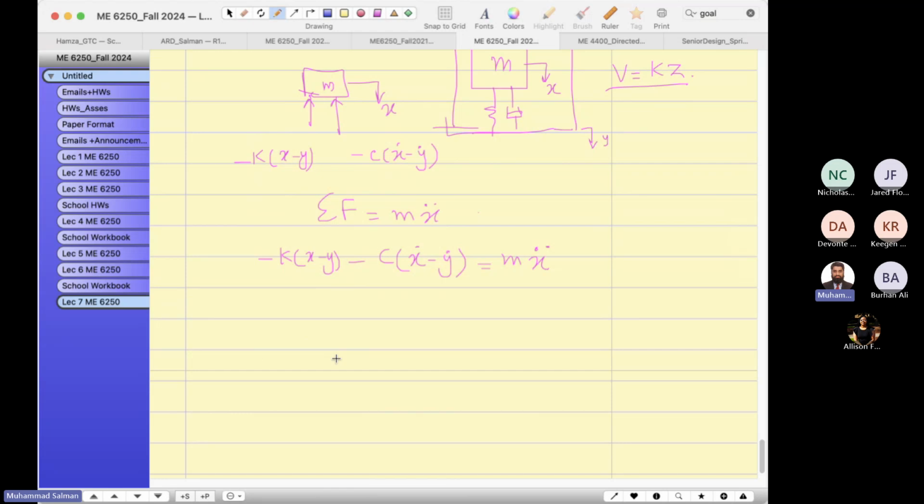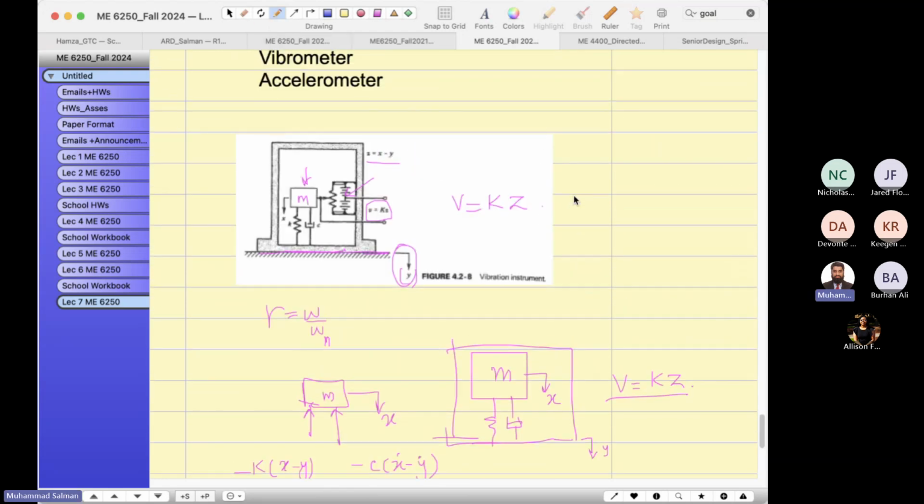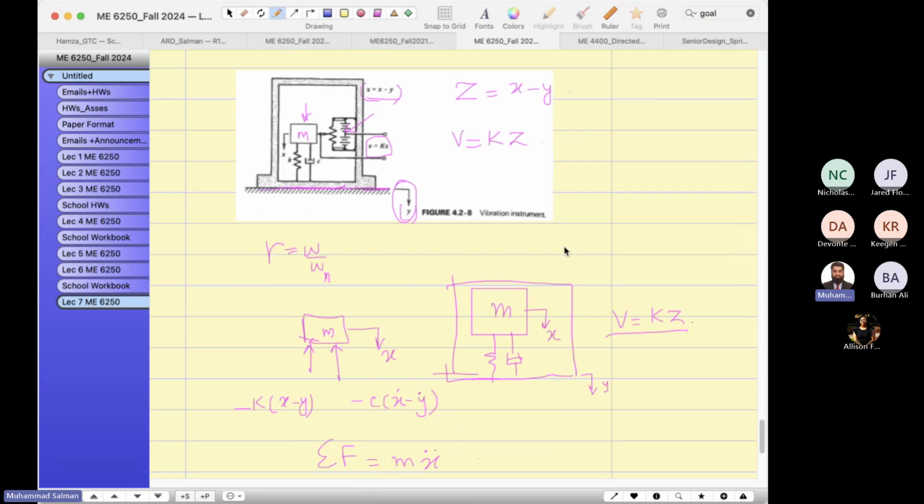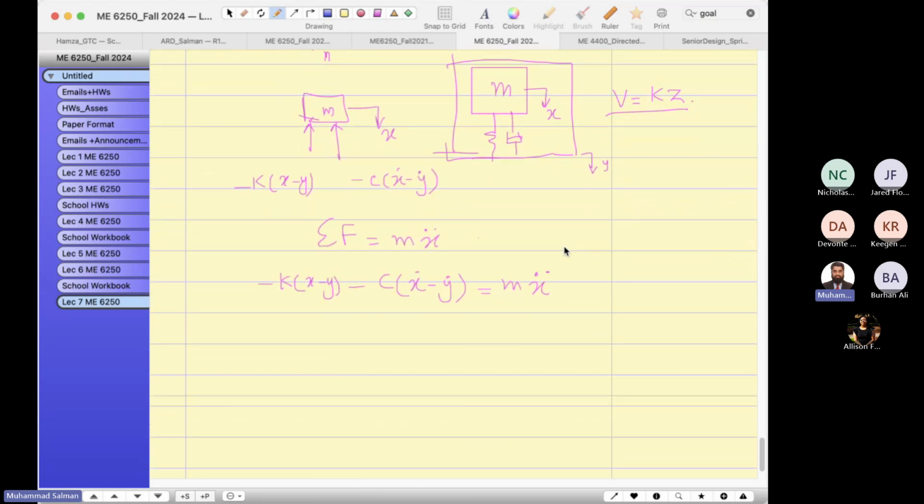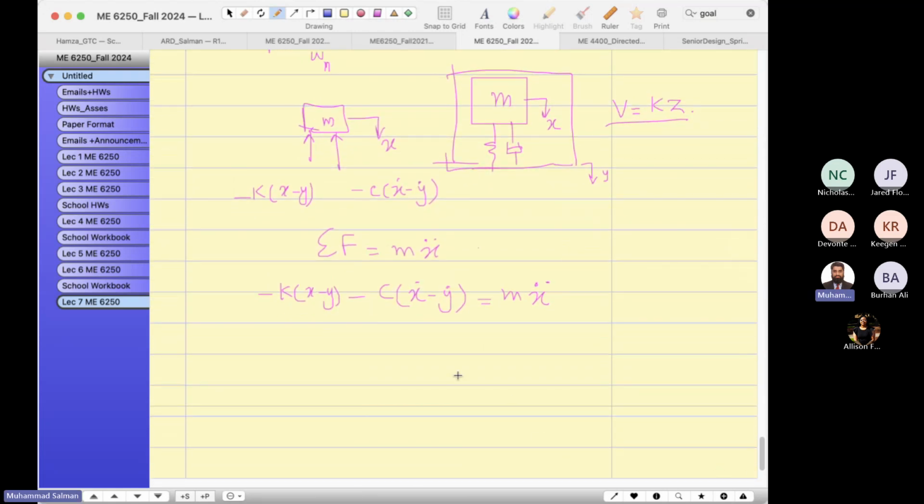And if you plug in, look over here, z is what? Z is the difference of the mass displacement and the base displacement. So if z equals x minus y, what is z dot? x dot minus y dot. What is z double dot?